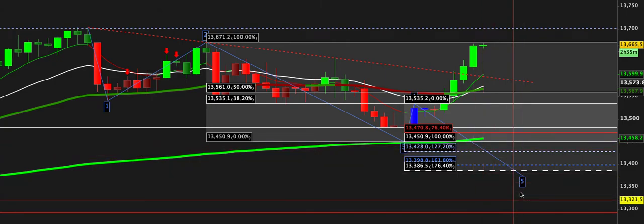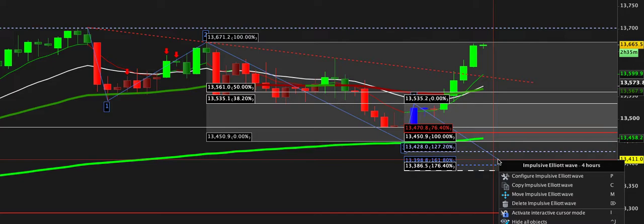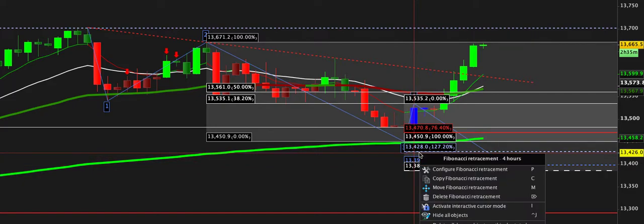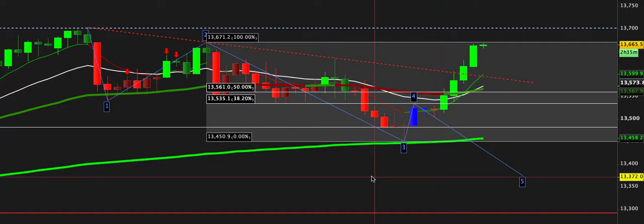The reason I wanted to highlight this is because it's important to understand that although we do have these impulsive and corrective moves and these Elliott wave movements happening all the time, and they're really easy to start spotting and seeing, the fundamentals do dictate the market. If we have some solid fundamental news like we had today, then there are always going to be exceptions to the rules, and that's why trading is a game of probability.